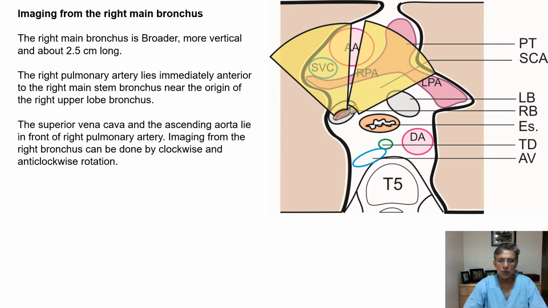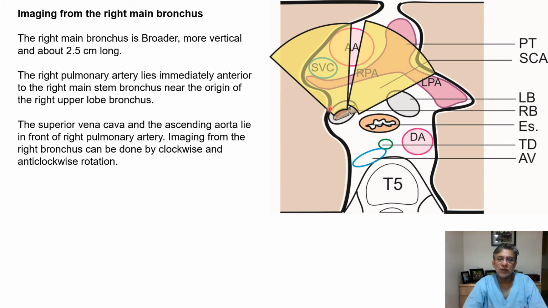The right main bronchus is broader, more vertical, about 2.5 centimeters long, and the right pulmonary artery lies immediately anterior to the right main stem bronchus, near the origin of the right upper lobe bronchus. The superior vena cava and the ascending aorta lie anterior to the right pulmonary artery.